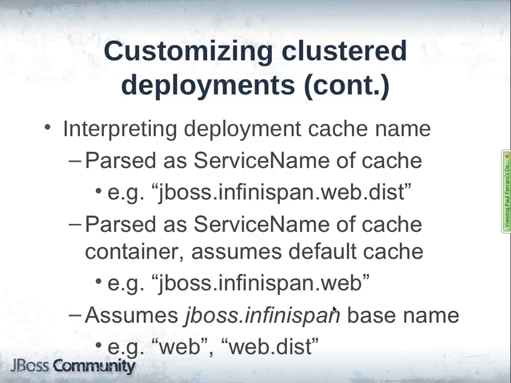If there's no prefix to that cache name, we assume that you mean jboss.infinispan as the base. So if I specify web.dist, I can then interpret that as a full service name of an Infinispan cache. I can also leave off the cache name to refer to the default cache. So you can think of the default cache name for a distributed web application to just be web, in which case it uses the default cache for that container.